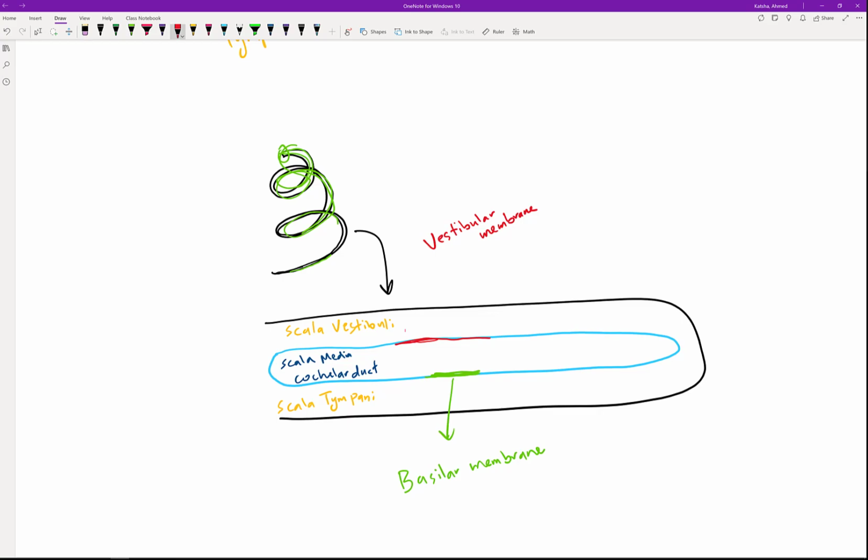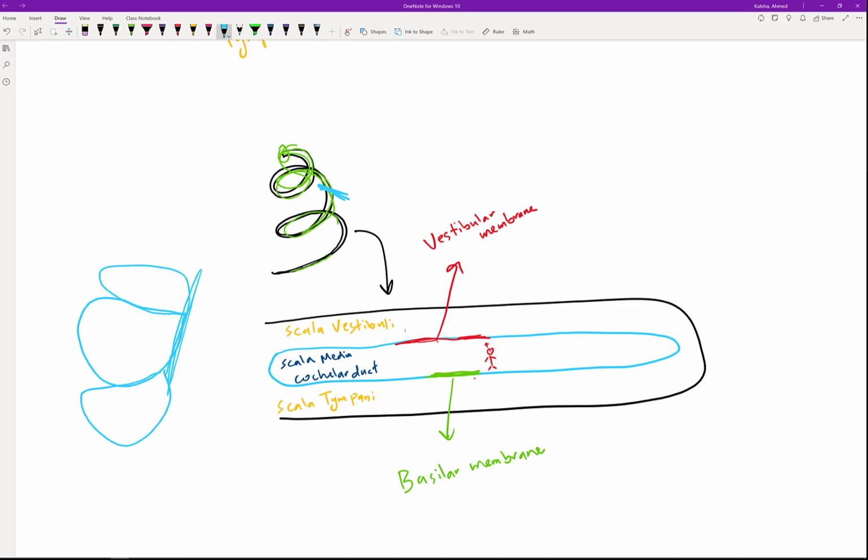So we said this is the vestibular membrane. What does this mean? This means if you are standing here and you are looking up, you will see the vestibular membrane above you. And if you are looking down, you will see the basilar membrane. Now, if I made a cut in the spiral organ, or in the cochlea, I will see the 3 chambers. They will appear something like this.